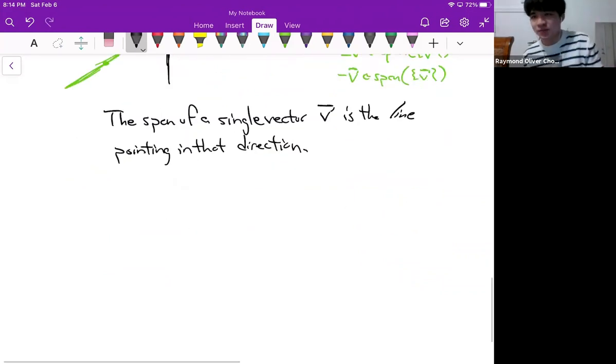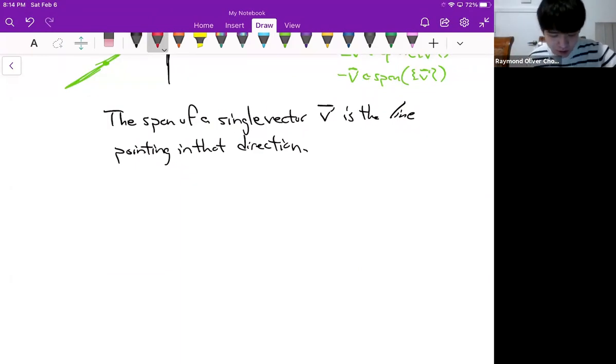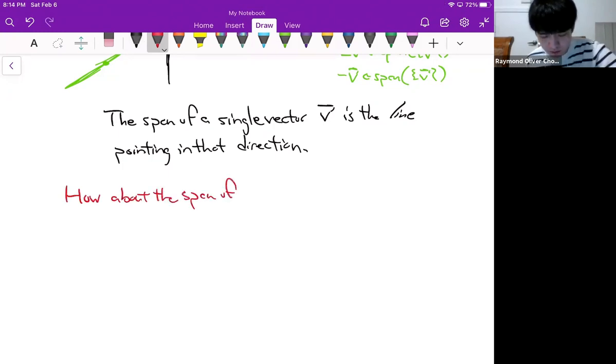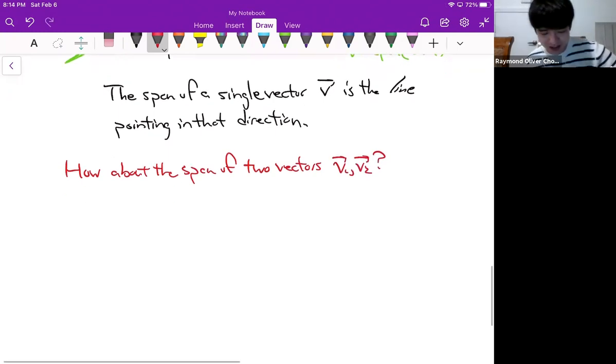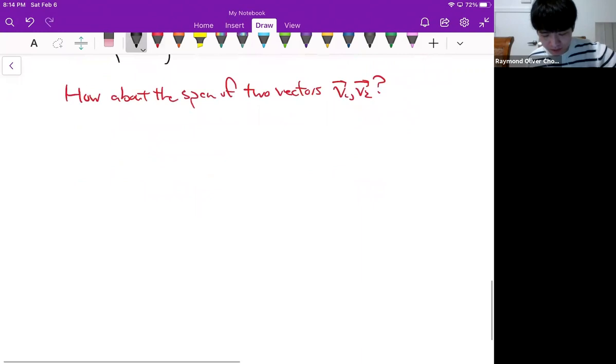So the natural upgrade to that would be to consider the span of 2 vectors, right? So how about the span of 2 vectors, v1 and v2? Okay, well, let's do the same exercise. So, okay, let's draw 3D space.